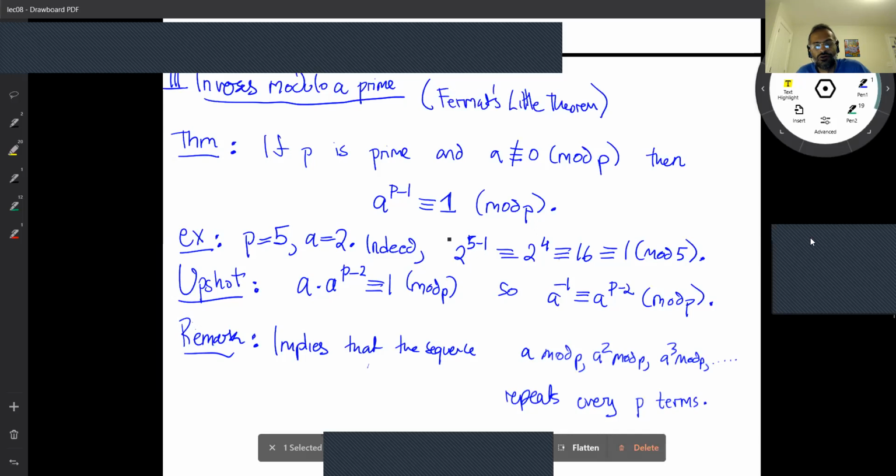I'm trying to say if A is not 0 in this mod P universe, then you can invert it. This is a very different feature from what you see in real numbers. It's saying that you can reduce division to multiplication somehow, which is kind of funny. You can compute 1 over A by computing A to the P minus 2.